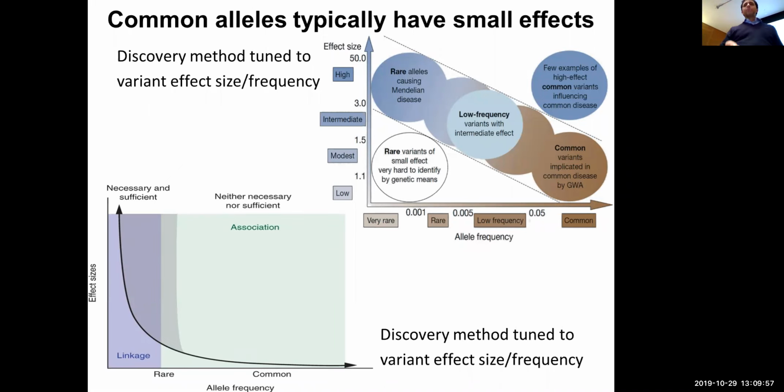One of the main things that we talked about on Thursday that I'd like to remind you of is how we can distinguish different types of variation in the human population.